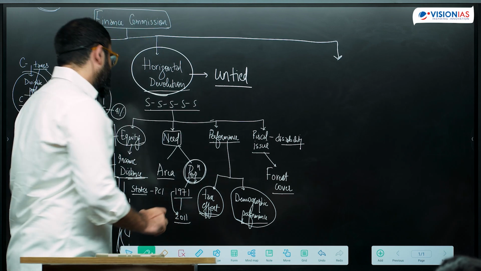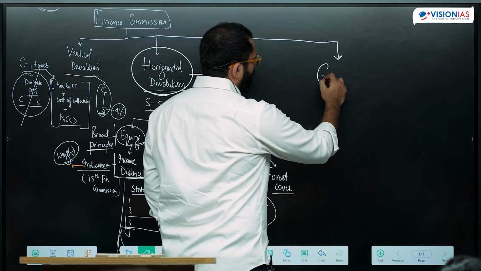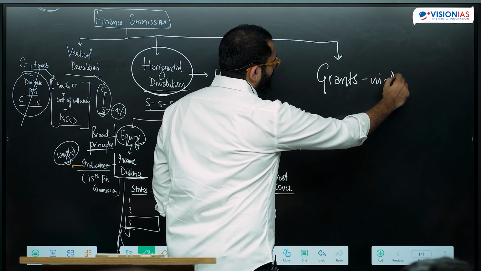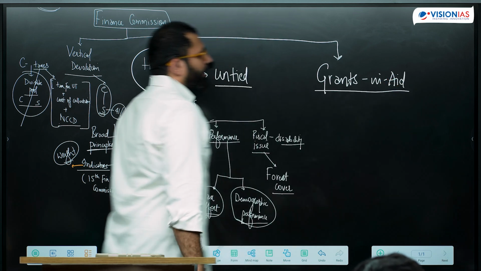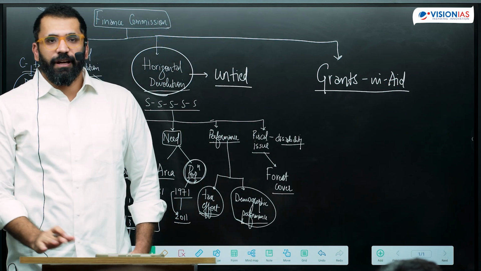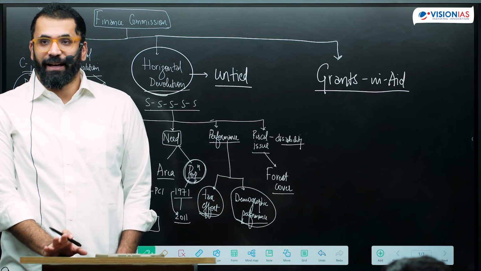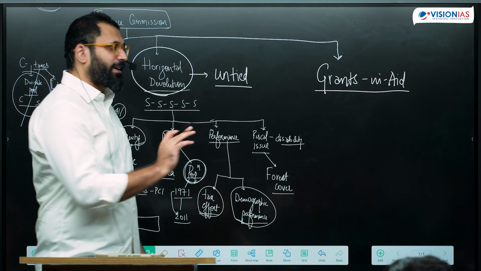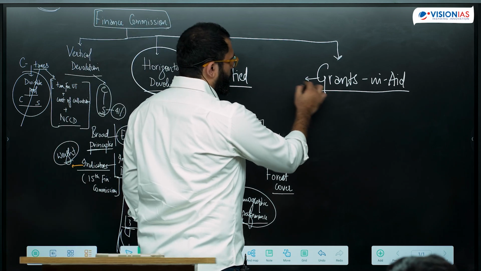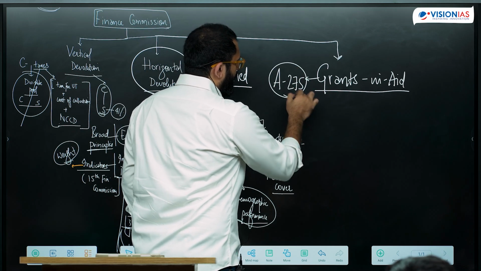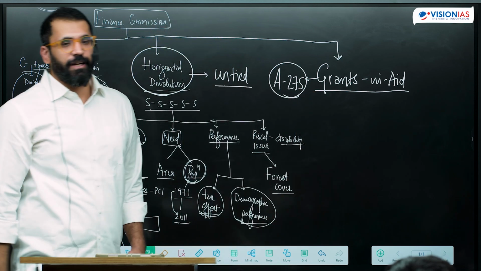What else does the Finance Commission do? Apart from this, Finance Commission has been given the power to recommend certain grants to the states. Based on any special condition, they can also recommend grants depending on what the situation of the state finances is. This is specifically mentioned as a constitutional role, statutory grants under Article 275.